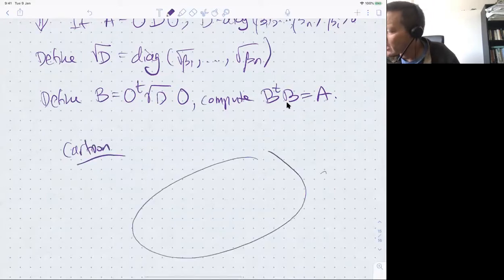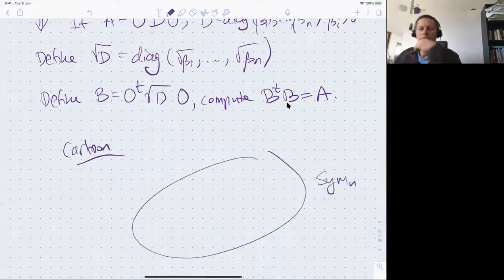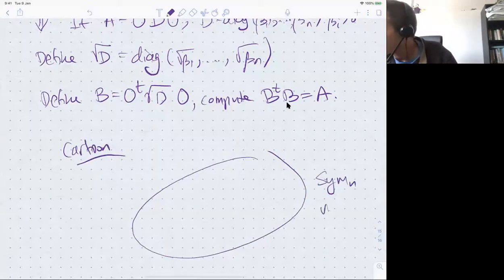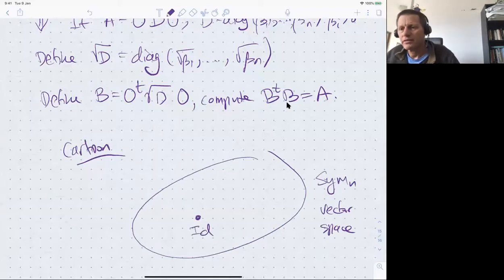This is the symmetric matrices. So this is a vector space of some dimension. Inside it, there's a special point, which is the identity. There's another special point, which is 0. There's a subcollection of positive definite symmetric matrices.